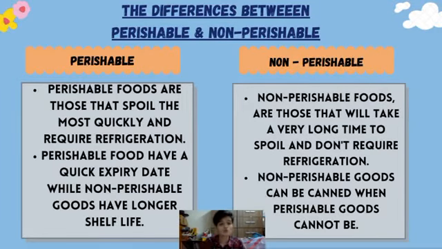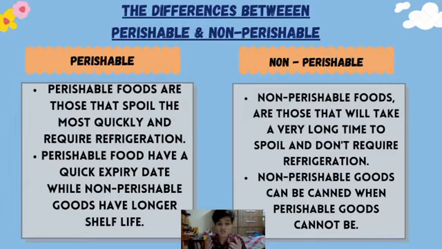Perishable food also has a quick expiry date, while non-perishable goods have a longer shelf life. It means that perishable food needs to be consumed soon, within 3 to 7 days, while non-perishable food can last long.